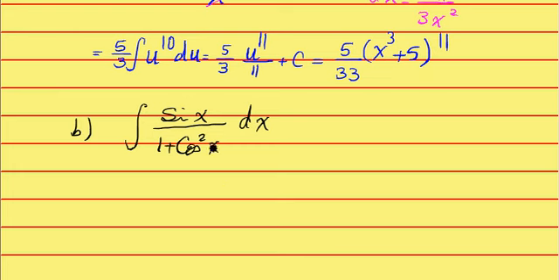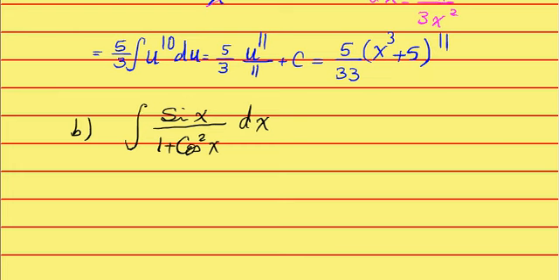So if you try to look for an identity, we don't have much for 1 plus cosine squared. You can try whatever comes to your mind. Another thing that you might find useful is that this expression has its derivative written here.